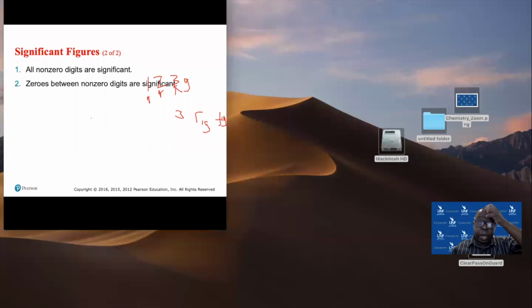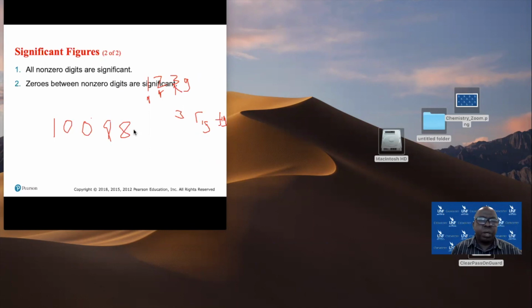Now, zeros in between non-zero digits do count as significant figures. For example, here, 1, 0, 0, 9, 8.